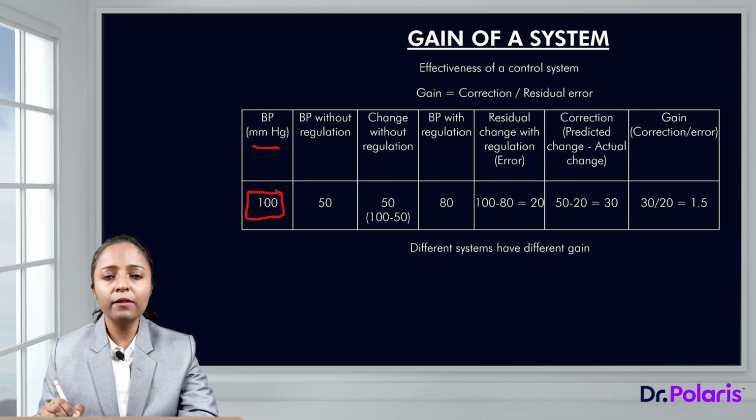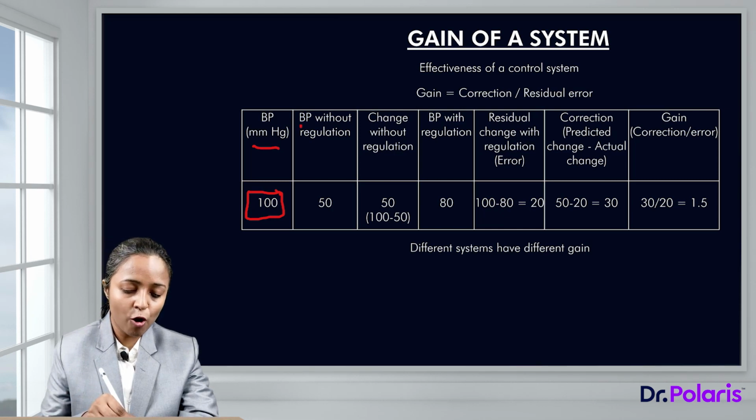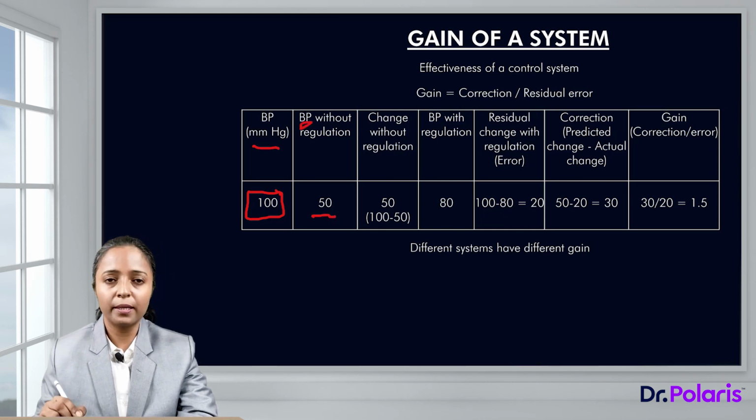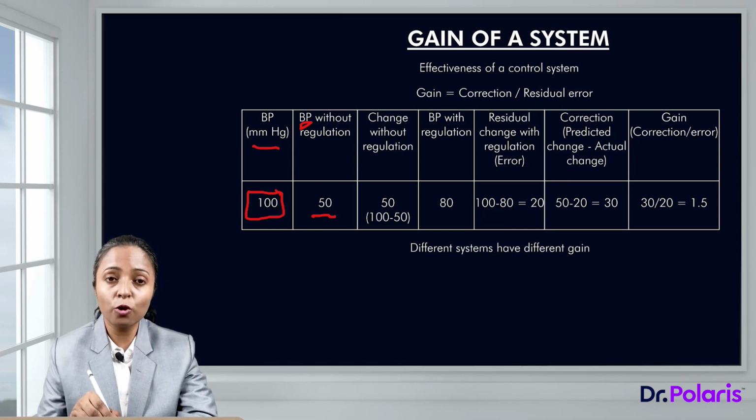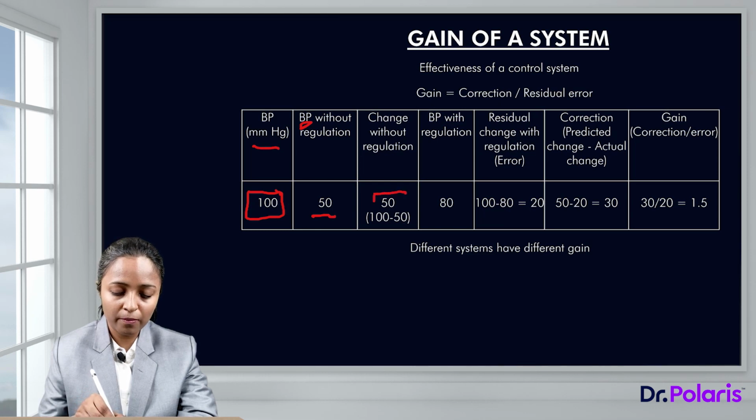If there is any disturbance, say a lot of blood loss occurs, then the BP may fall to 50 millimeter mercury, right? But that is when there is no regulation. That means the control system which we are talking about doesn't exist. So that means change without regulation. If the system is not there, that is 50 millimeter mercury.